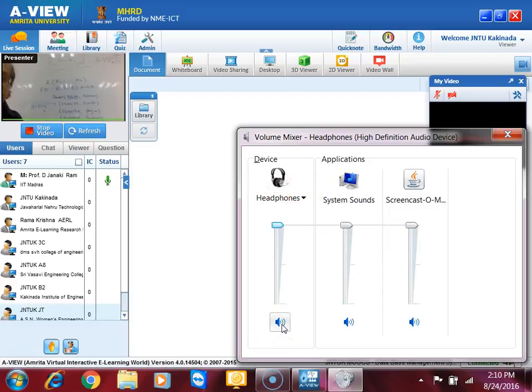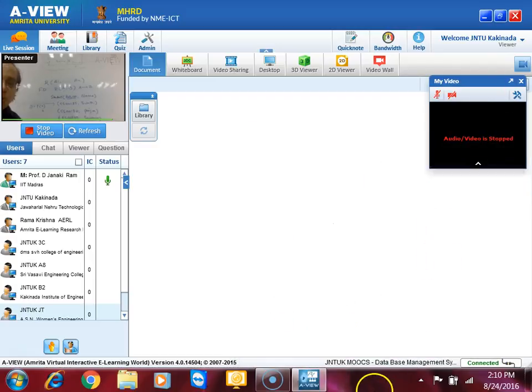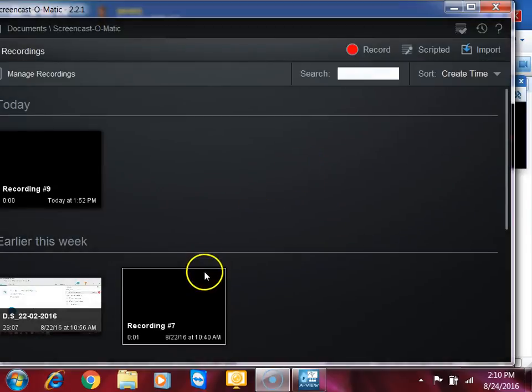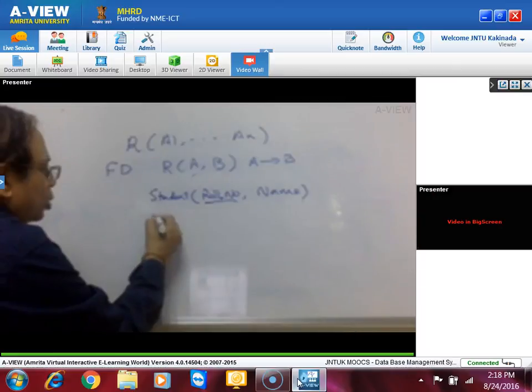Whatever I've written last time, I am putting this laptop very close to the board. Are you able to see the board? Please put in the chat box if you are able to see it. Otherwise, I'll adjust.